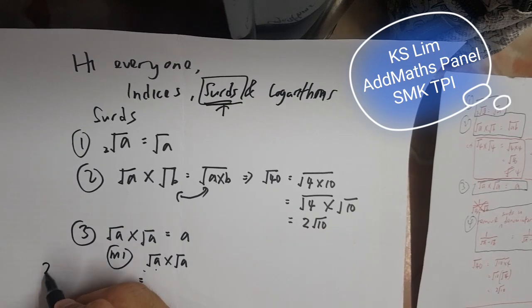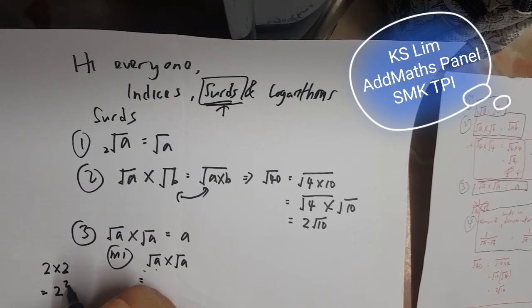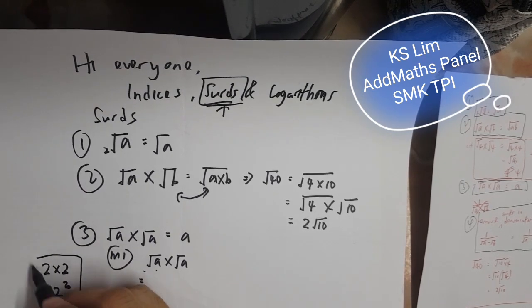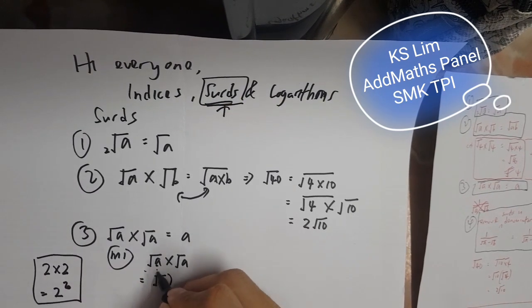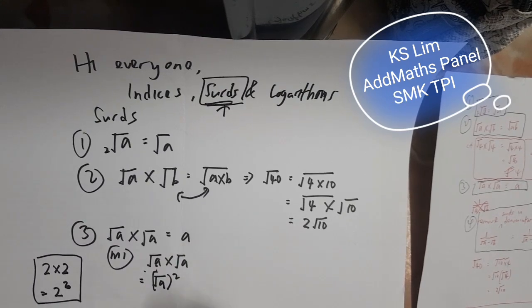So 2 times 2, I can write 2 power of 2, 2 square. That means that square root A multiply square root A, I can write square root A square. So square can be removed with roots. So I will get A. So square root A multiply square root A, you will get A.